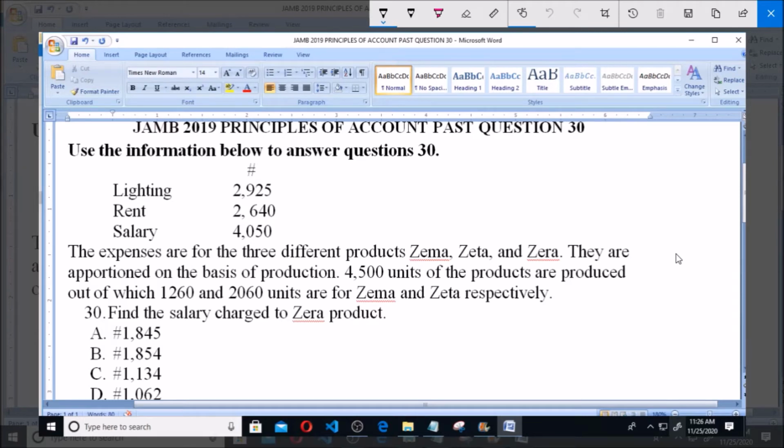So to find the salary charged to Zara products, first of all we need to get Zara's output, Zara's product units. To get Zara's product units we have to do total output. Total output is 4,500 units. For Zema, her output is 1260.